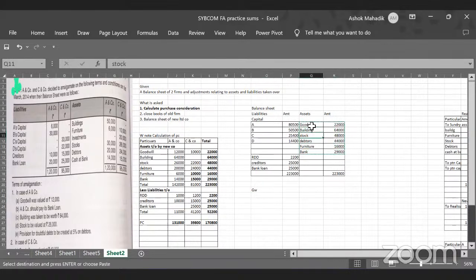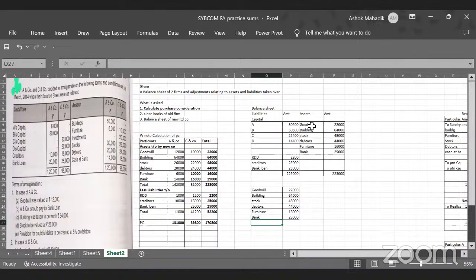All these accounts to debit. Then we'll write one by one all the credit items. Since the balance sheet is telling, your journal entry will also be to RDD, to creditors, to bank loan, to A's capital, B's capital, C's capital, and D's capital.